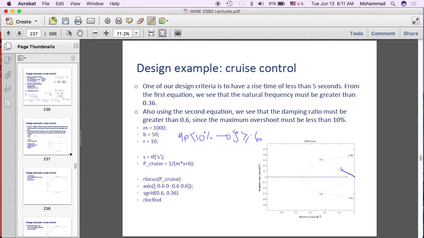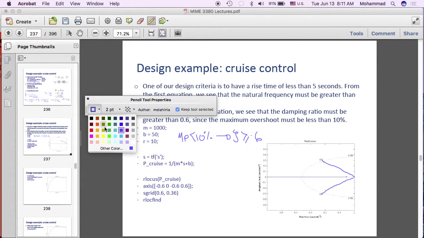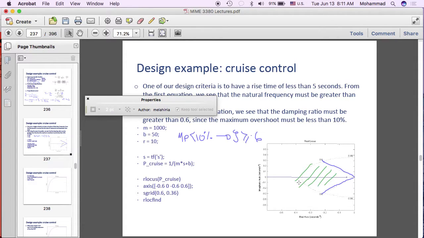So this is the line for 0.6 here, the symmetrical line here. So that means any place to the left of these lines, so everywhere here, is acceptable. Outside that, of course, the damping ratio is less. If you go to the right of those lines, the damping ratio is less, so that's not an acceptable region for the location of poles. So that was one of the requirements. The other requirement was for the rise time.